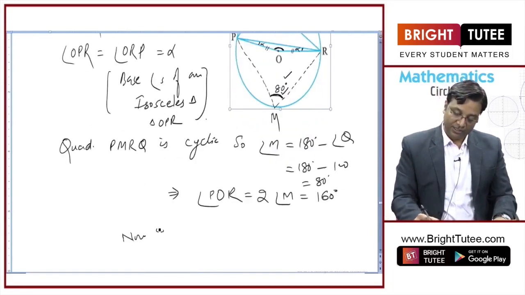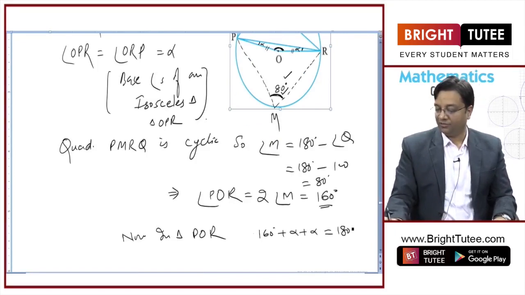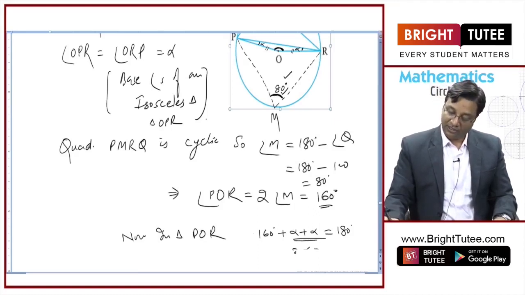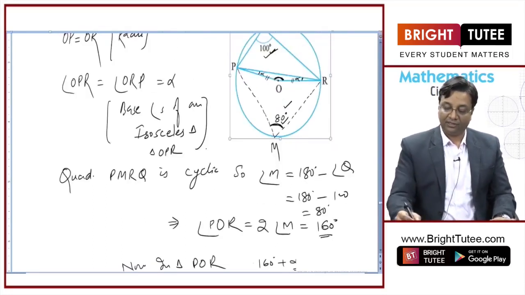Now in triangle POR, this angle, that is 160, plus the remaining two angles, their sum is equal to 180 degrees because of the angle sum property. So 2 alpha is equal to 20 degrees, hence alpha is equal to 10 degrees. So my answer for this angle is 10 degrees.